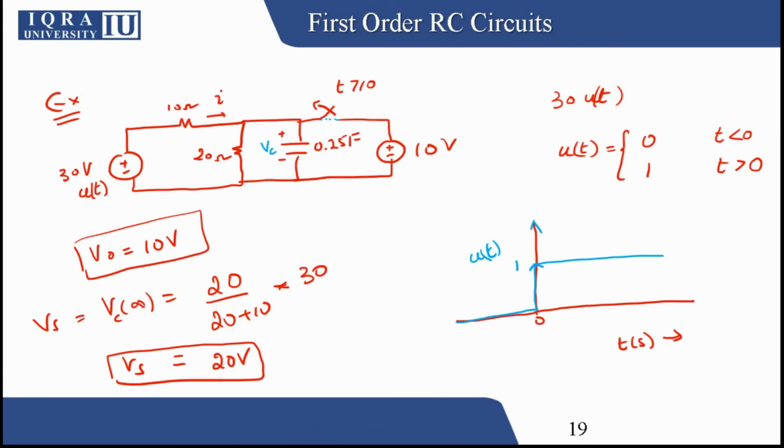If we want to determine the I, what is the I? The total current passing through this. So we have the current passing through the resistor and the current passing through the capacitor.